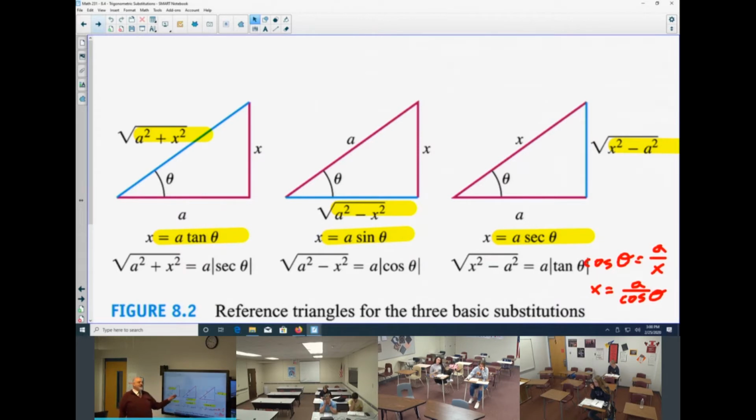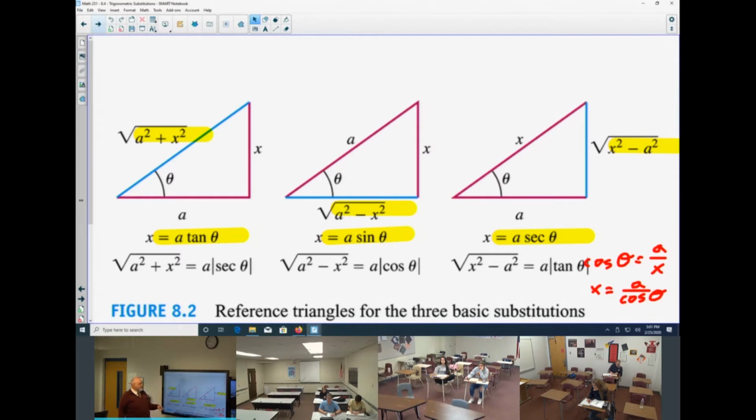Don't write yet, we're going to go over each one separately, but I just want you to see the big picture here. When we have radical a squared plus x squared, we're going to put that on as the hypotenuse.